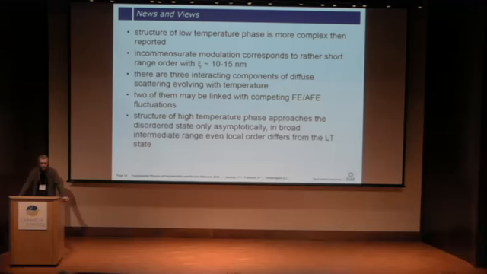What is funny is that antiferroelectric-like fluctuations appear at higher temperatures than ferroelectric-like fluctuations. In principle, it's not forbidden. But that means the structure of the high temperature phase approaches the disordered state only asymptotically. In the intermediate range, local order switches from ferroelectric-like to antiferroelectric-like, and only at much higher temperature decays to the disordered state.